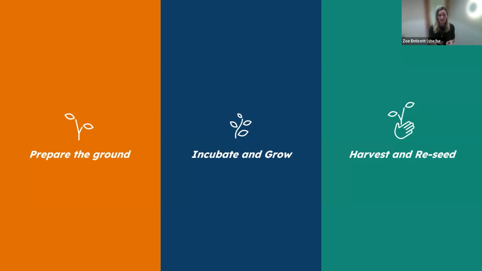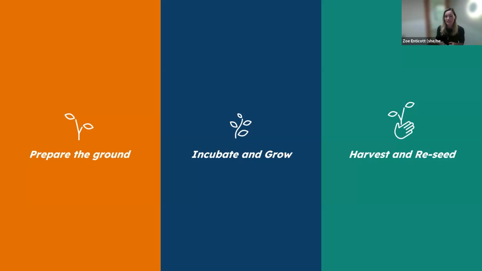Incubate and grow, that second phase of the developmental evaluation, is all about continuing to strengthen that container for learning, but actually applying more rigorous evaluation approaches or methods that are really responsive to need, asking those big questions about what information is going to be useful to make decisions, and choosing the right research methods or the right evaluation methods for that context.